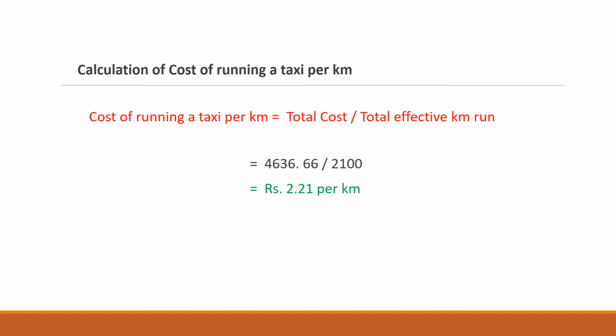Total effective kilometers run is 2,100, because the taxis run for 3,000 kilometers, but 30% is empty. So 3,000 minus 30% of 3,000 is 2,100. Therefore, cost of running a single taxi per kilometer is rupees 2.21 per kilometer.